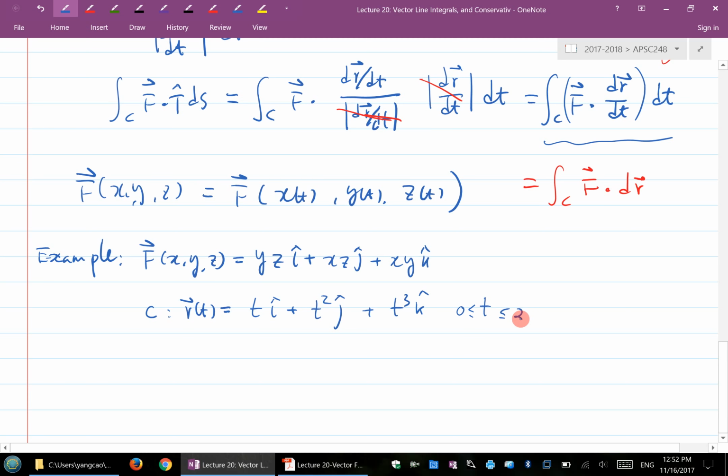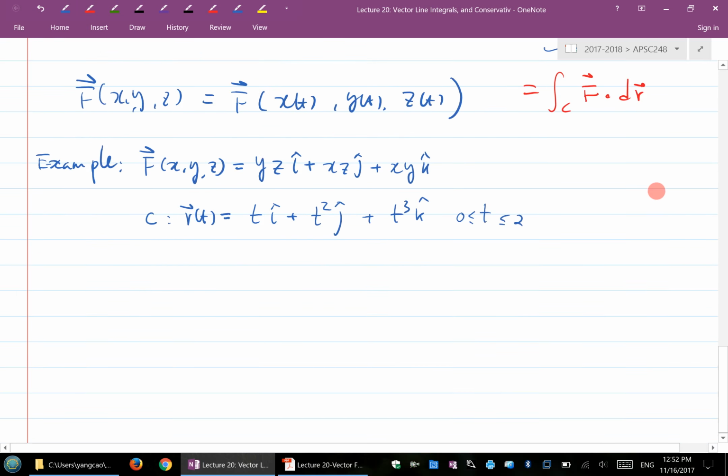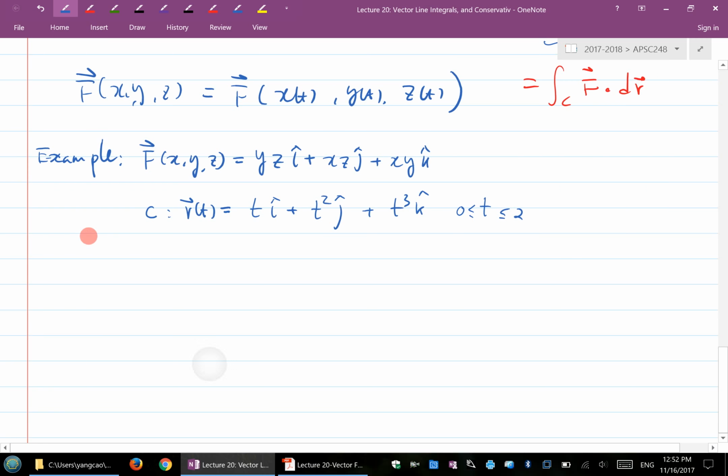The t goes from 0 to 2. Now we want to calculate basically the line integral along this curve C here.